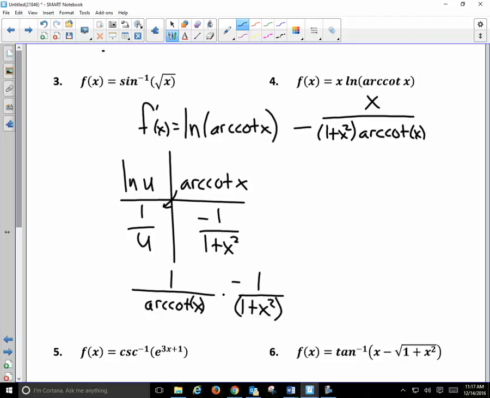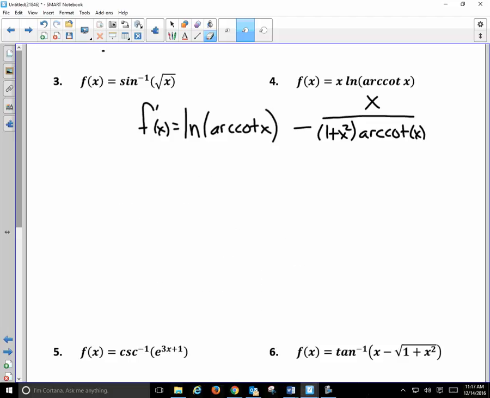So when we did the product rule, we had the derivative of x was 1. So that's why there's no x here. But the second time through, we had to leave the x alone. That's the answer. It's not very pretty, but these derivatives aren't pretty. Just are what they are.